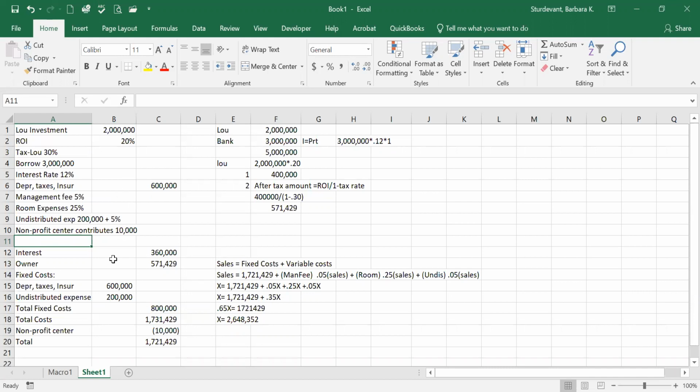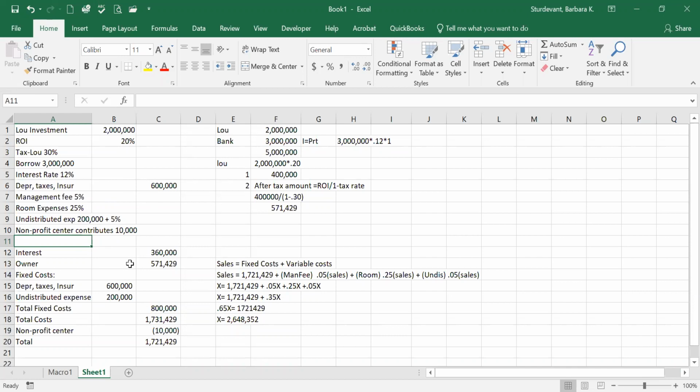Regardless of how many rooms you sell, you're paying it. So we've got depreciation, taxes, insurance, and that should make sense. Think about the income statements that we did. This stuff was always in that 3rd section. It was stuff we had no control over. We had to pay it. Undistributed expenses, there was $200,000 that was fixed. And so that's what we have there.